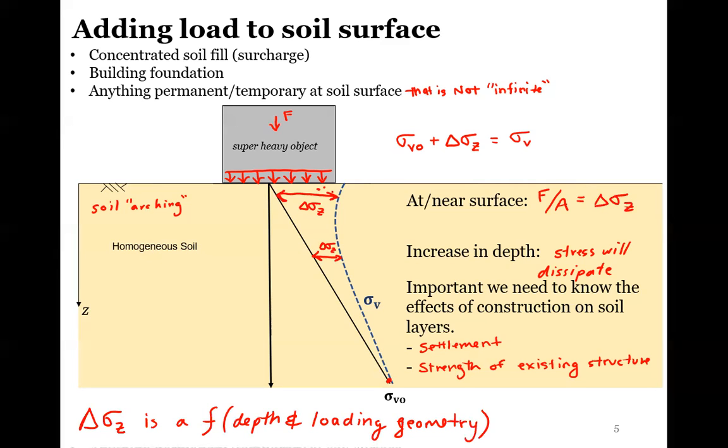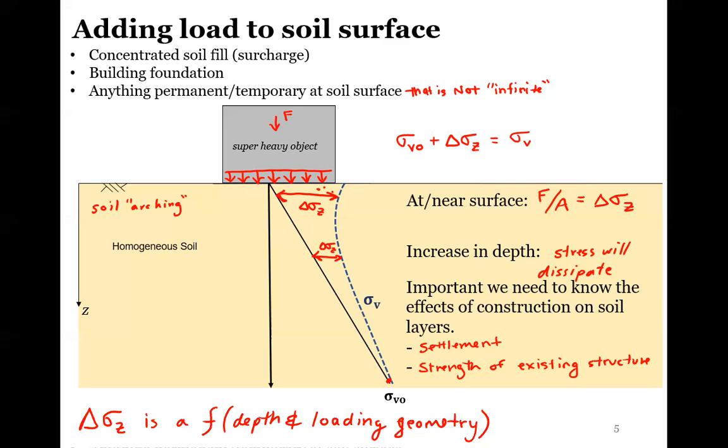So there's a lot of analysis in this week, or this lecture and next lecture. We're going to be looking at the many techniques to determine that delta sigma Z at various depths, depending on different types of loading geometries. So that's basically what we're going to be doing.